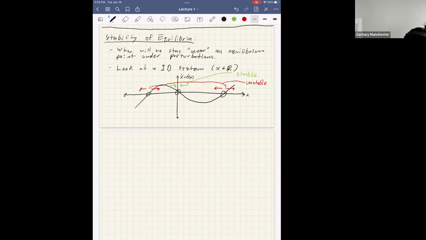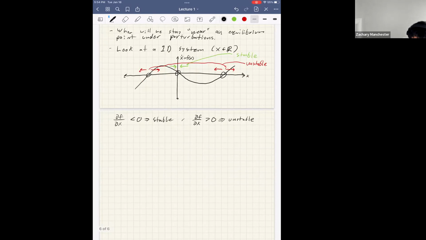So partial f, partial x, negative implies that the equilibrium point is stable. Conversely, in the unstable cases, the slope at the equilibrium point is positive. And that implies that if you have partial f, partial x positive, your equilibrium is going to be unstable. That's coming right from the picture that we just did.